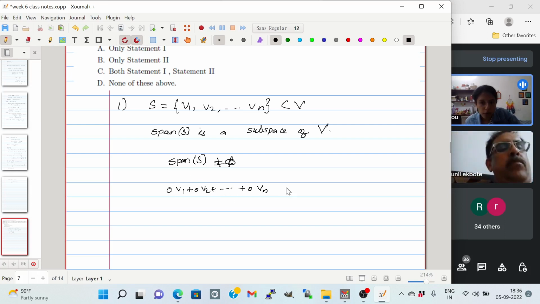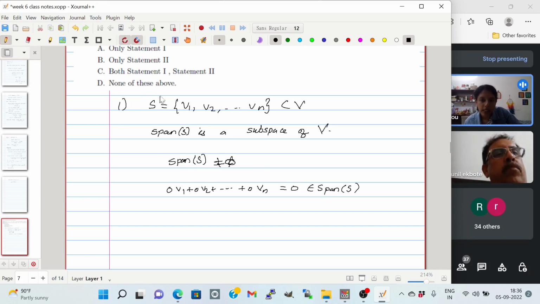This is obviously our zero element, which belongs to span S, since it is a linear combination of elements in S. So 0 is an element of span S. In this way also you can verify that span S is non-empty. Anyhow, the only thing is we need to check whether there is an element in span S.